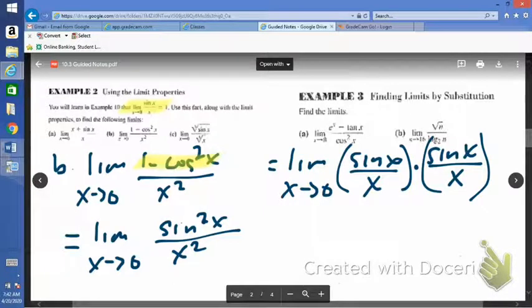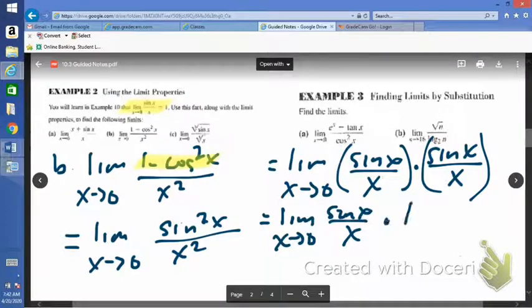Now from here, we can apply the product rule and rewrite as such.